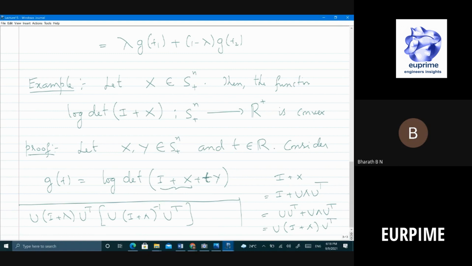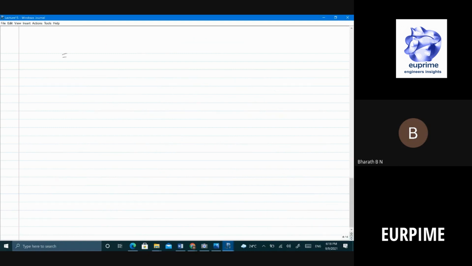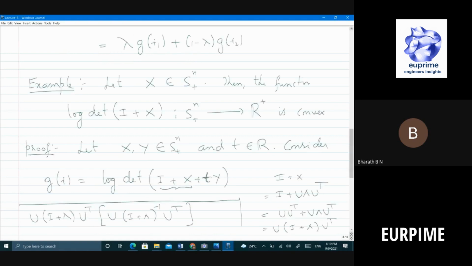So I'm going to take identity plus x out. What do I get? I get identity in the place of identity plus x, because I have pulled it out. Then we have t times y.